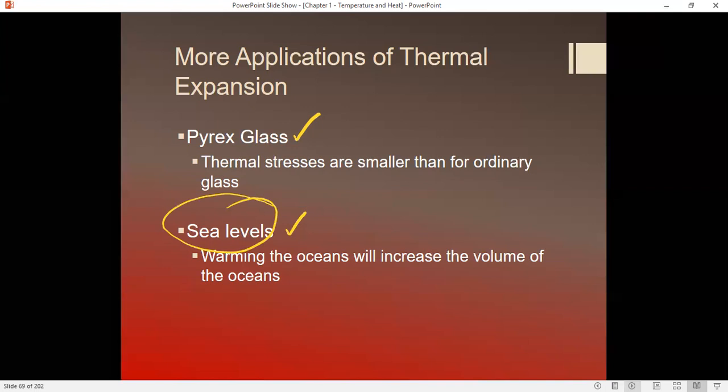So as we make our planet warmer, sea levels are going up as a consequence of ice caps melting in Greenland, in Antarctica, but also because just simply heating up the oceans is going to make it occupy more volume.